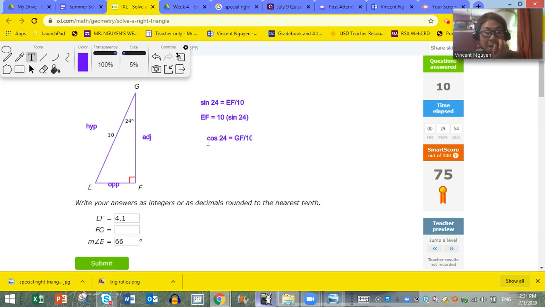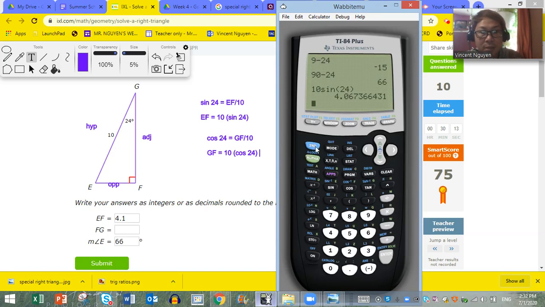To find GF, you would do 10 times cosine of 24, because the function now is adjacent over hypotenuse. You can go back to your calculator, recall this, and change it to cosine. So 10 times cosine of 24 would give you GF.